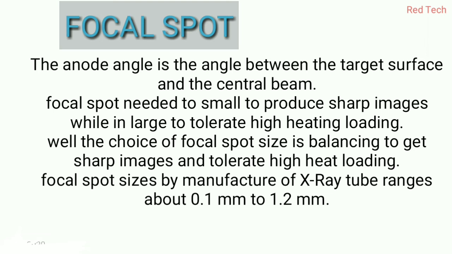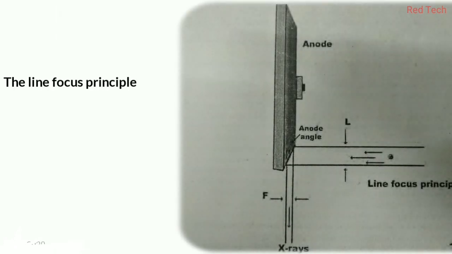We want the image sharp and the heat loading high also, so we make an equilibrium between both. So we maintain a sharp image and high heat loading. Focal spot size is mainly manufactured at around 0.1 mm to 2 mm.